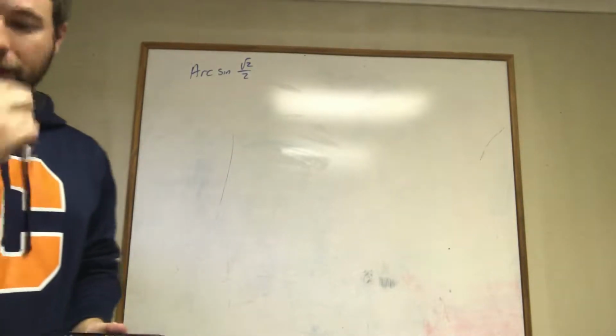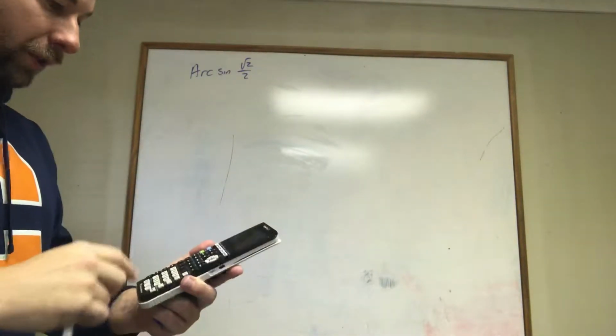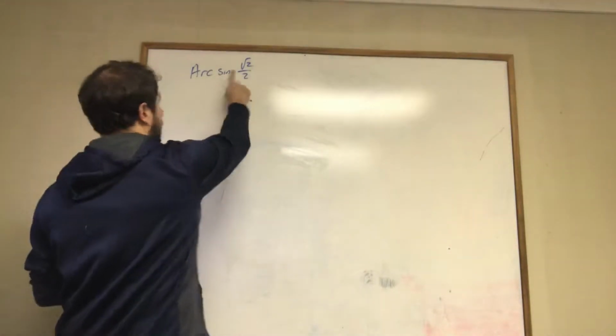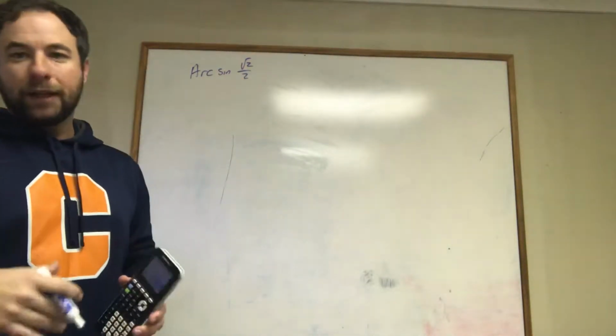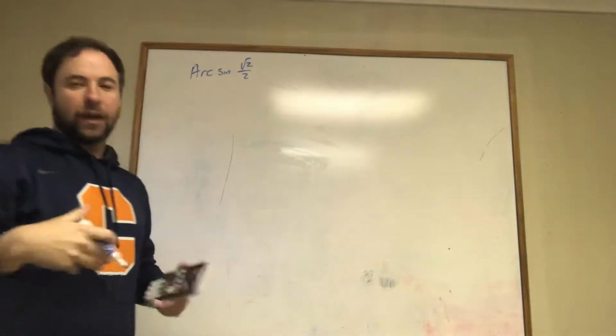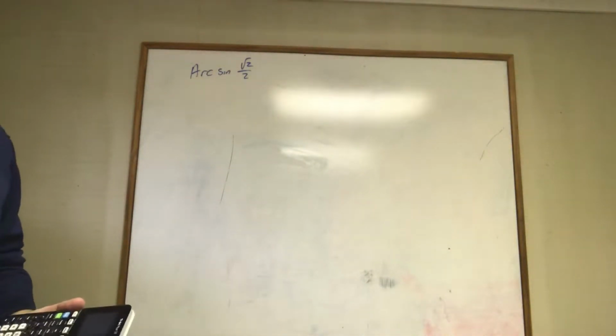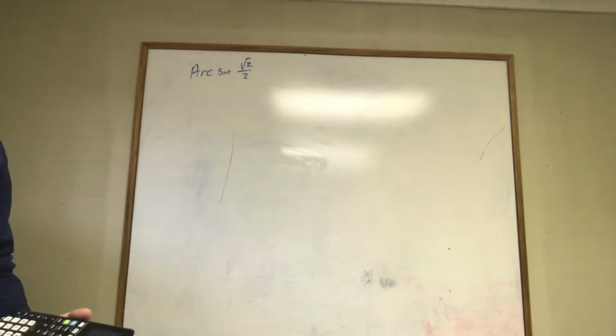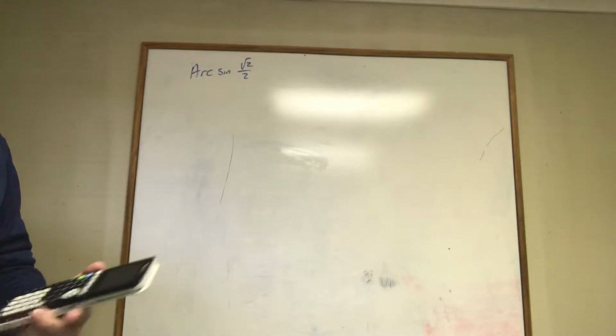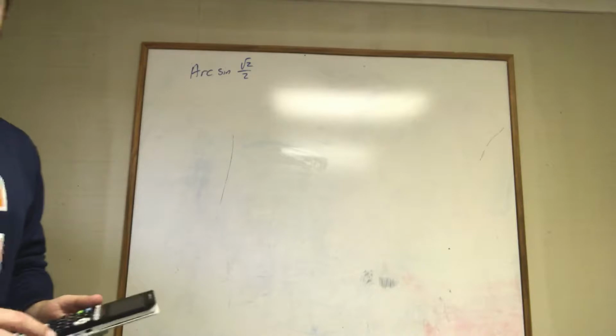This next concept in lesson 32 is you're going to be looking at arc sine of √2/2. Now, sine of an angle is going to give you a side. But when you're finding the arc sine, the arc is going to be the angle. And so the arc sine of √2/2 is going to give you an angle.